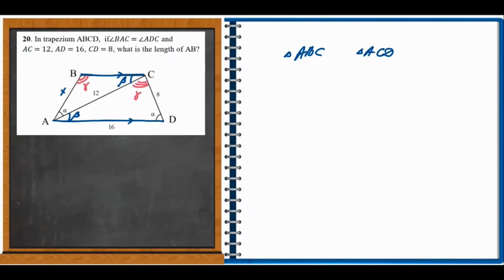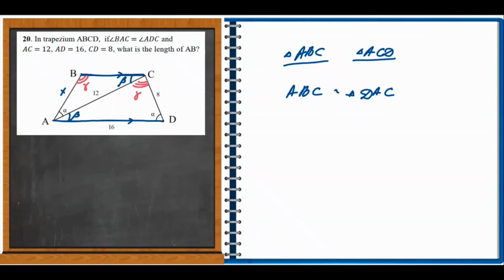So they are similar triangles. Let's write the similarity. First let's write the names in an arranged form. We start with A, then let's write B and C. For the second, we will write D because the alpha angle is in D. Then we write A and then C.